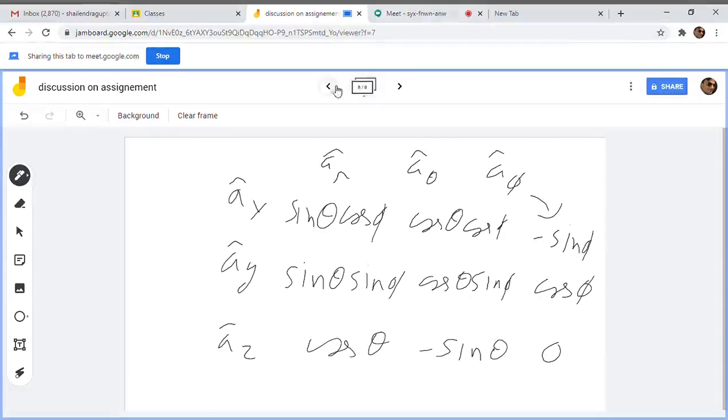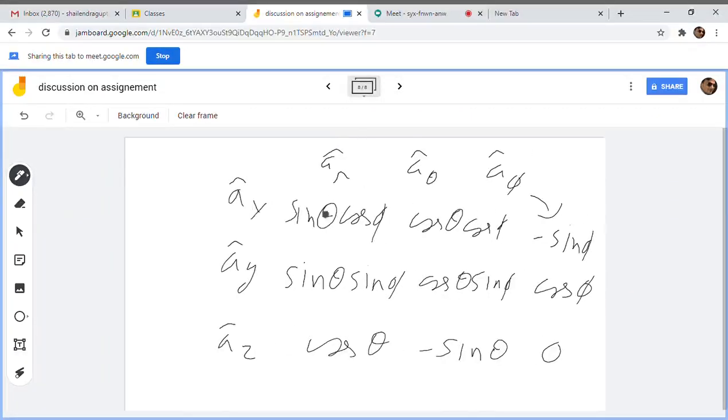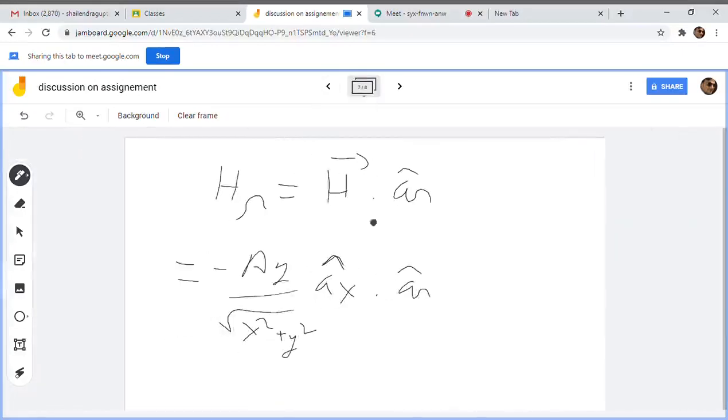Okay, so you just have to see this matrix. So from here you can see that ax dot ar will become this. Sorry, it is ar, no? Yes, it is ar.